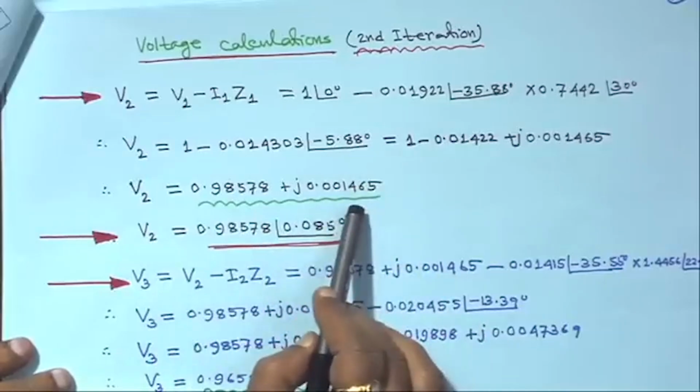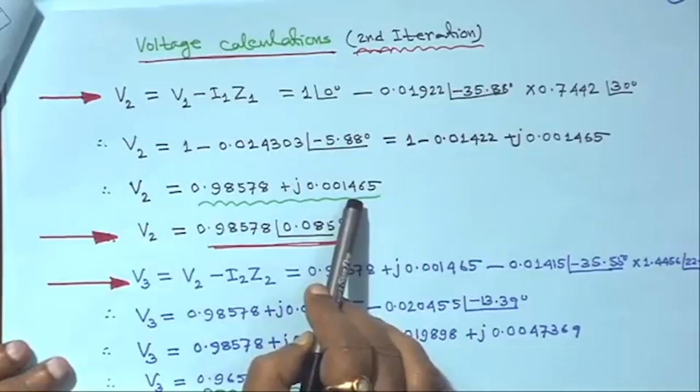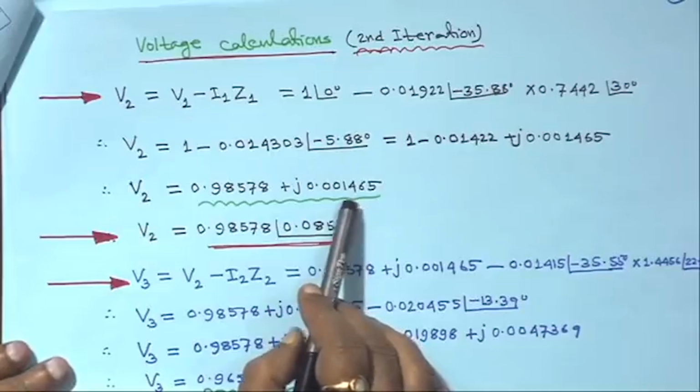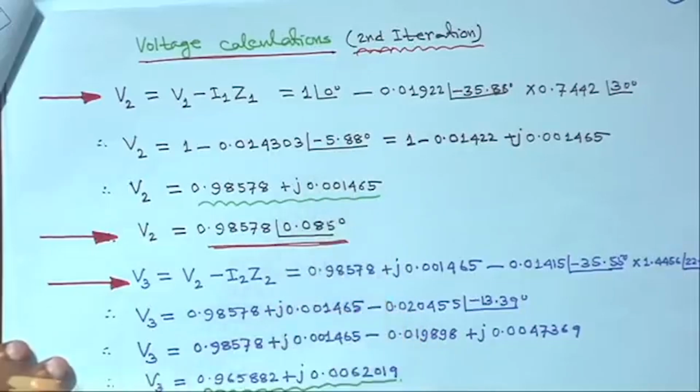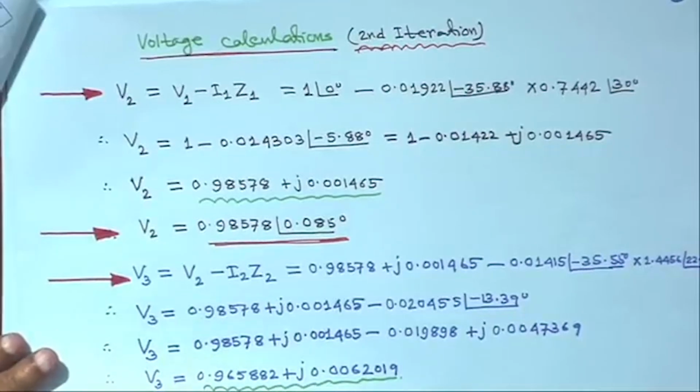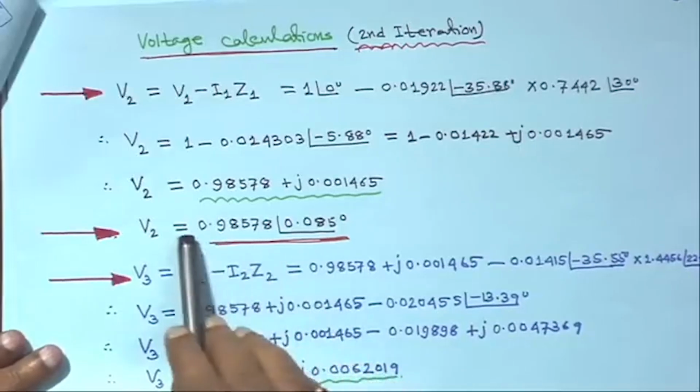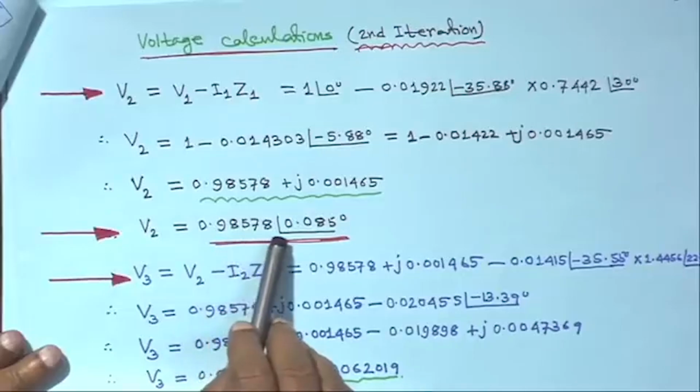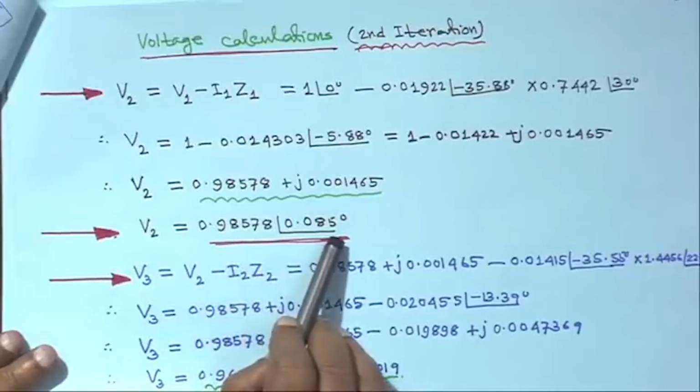I hope all these calculations are correct, but please check once. All of these have been solved by me only, so if there is any error in the calculation, please let me know, and I will appreciate it if you find anything. So, V2 is equal to 0.98578 angle 0.085 degree.